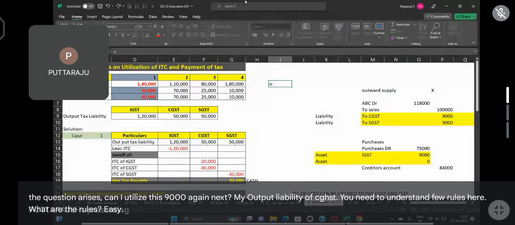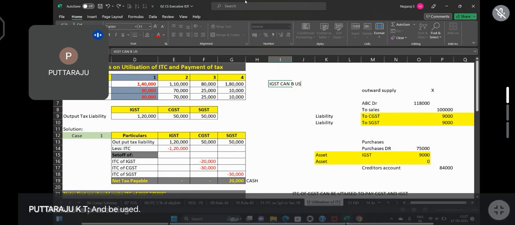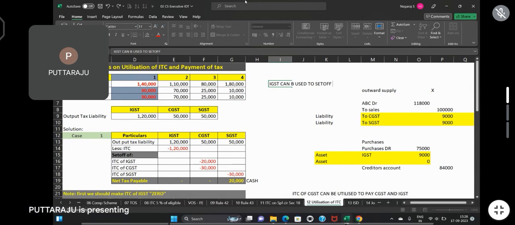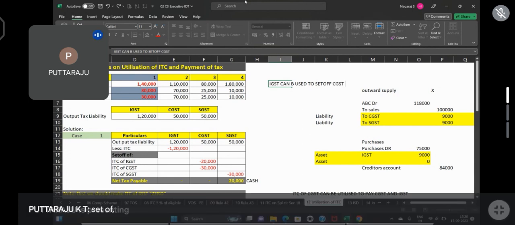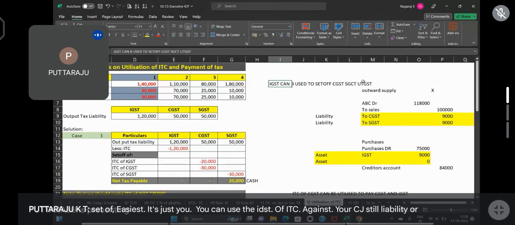IGST can be used to set off CGST, SGST, UTGST. You can use the IGST ITC against your CGST liability or SGST liability or UTGST liability.